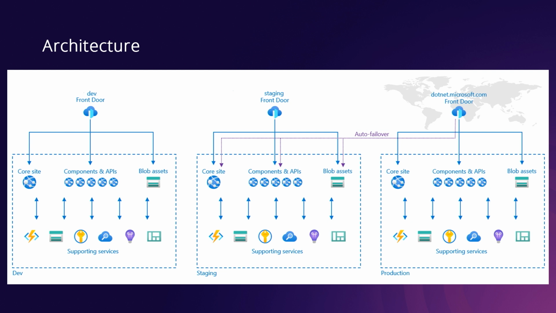Our production has an auto failover, so in case we have a failure in production, it goes back to staging automatically. After a few seconds, it lights up. The three environments are the same, and our pipeline will go through each one of them and update automatically.